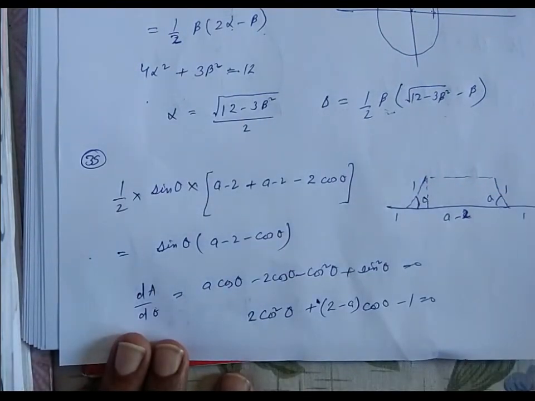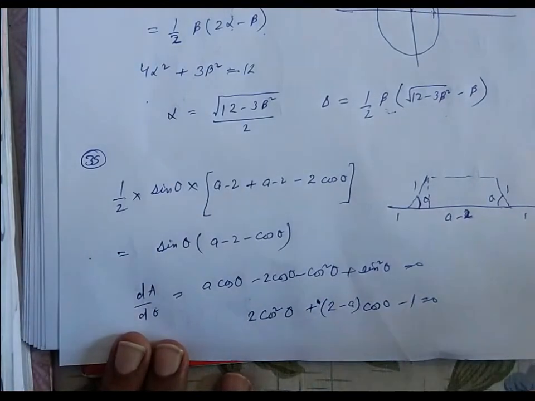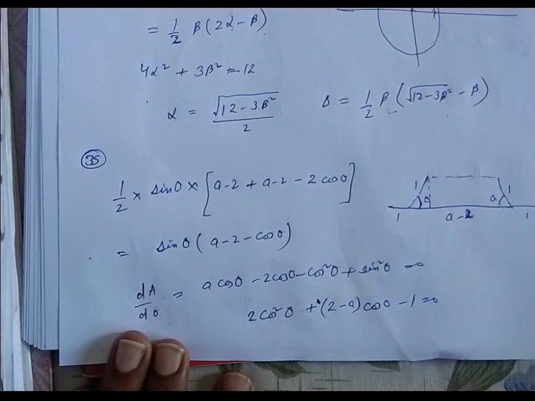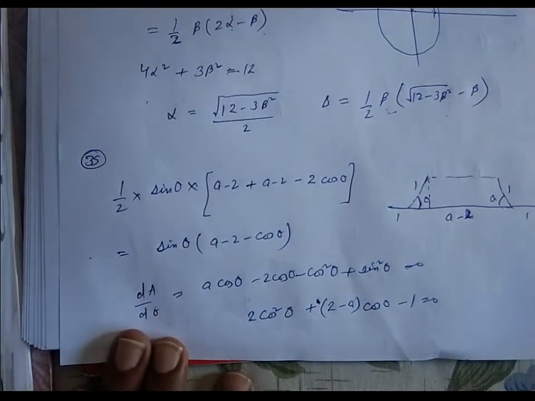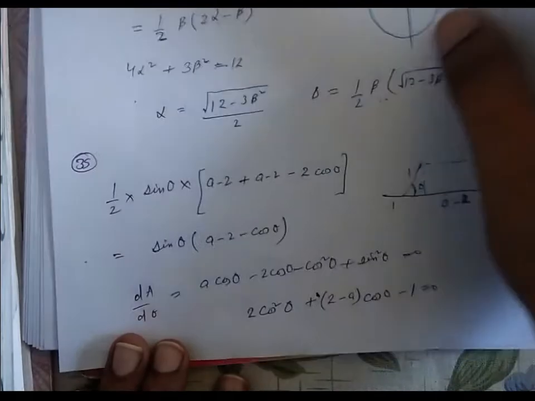Okay, moving on to the next question. Question number 36. A cable will be laid from a small island I, which is 3 km from the nearest point P on a straight shore, to a town T on the shore, which is 12 km from P. So first let's draw the diagram.